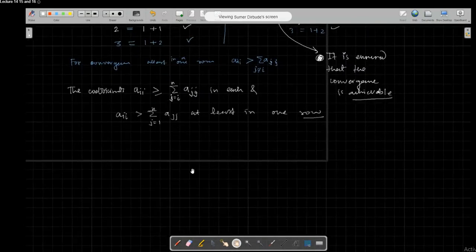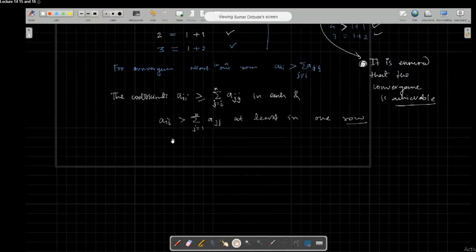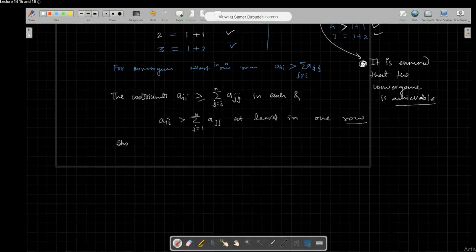At least in one row for ensured convergence.